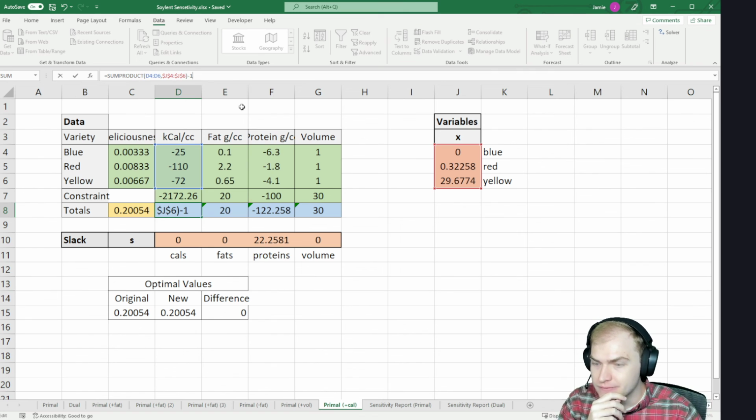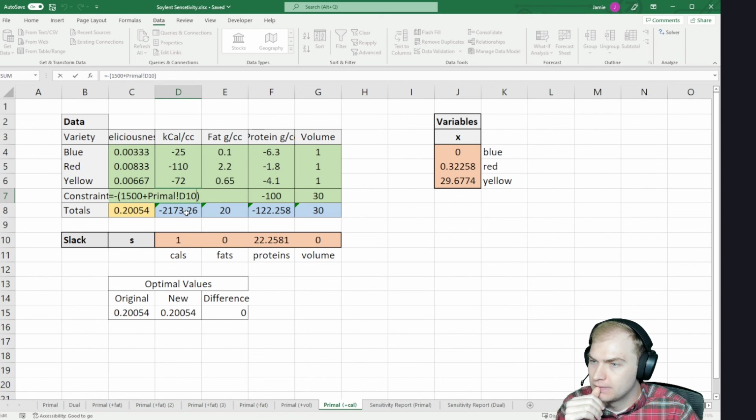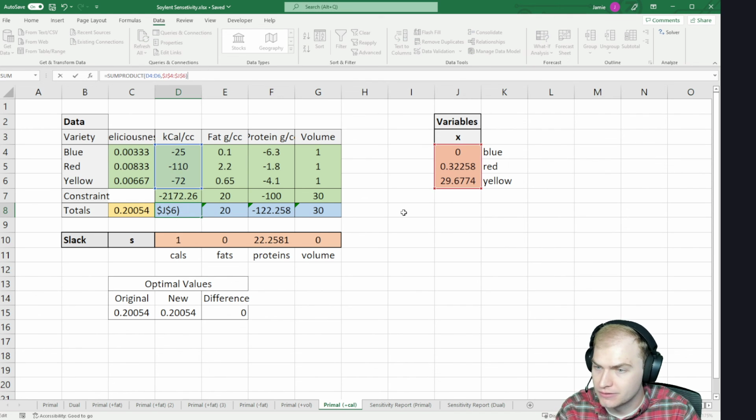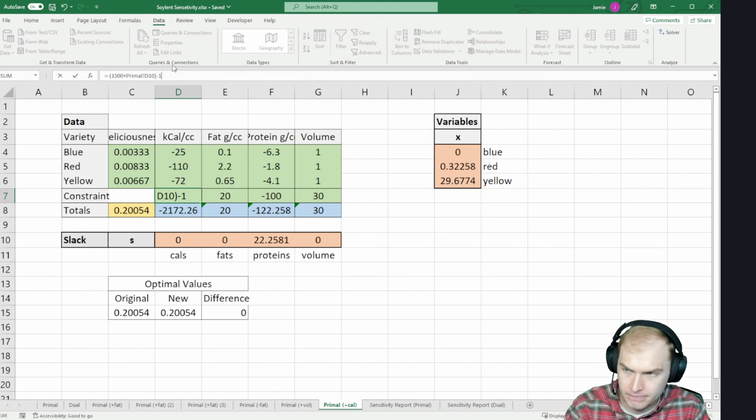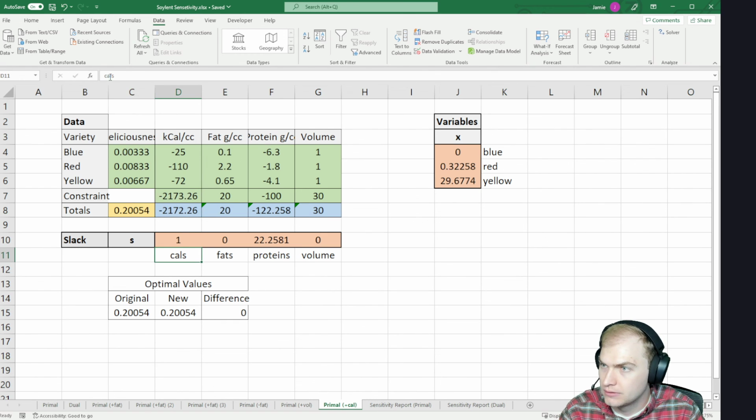But if I subtract 1, or correction, I wanted to subtract 1 here. That's the wrong one. If I subtract 1 here, there we go.